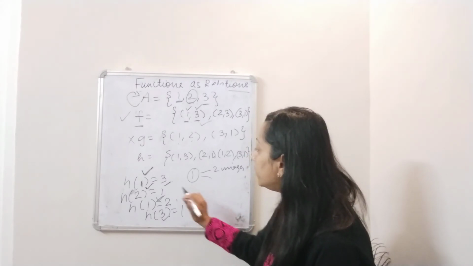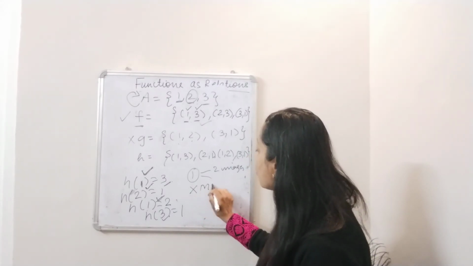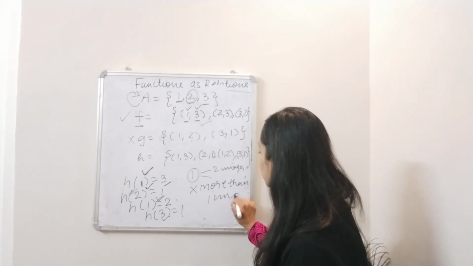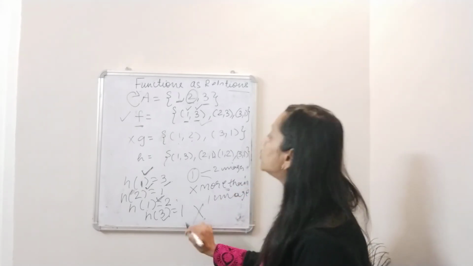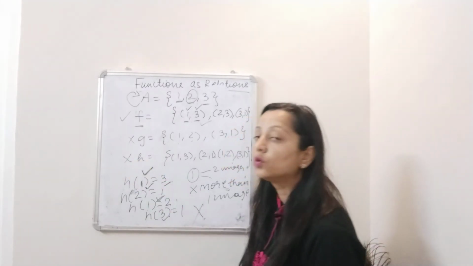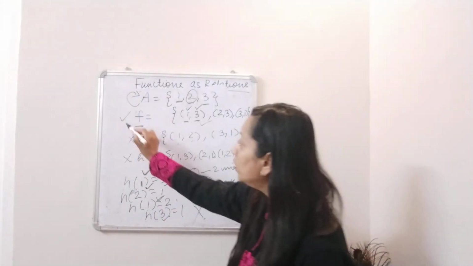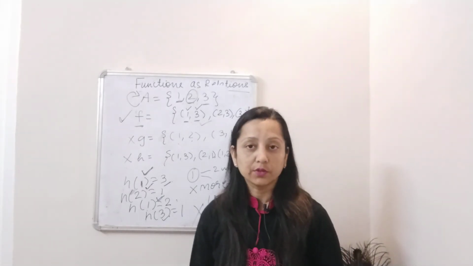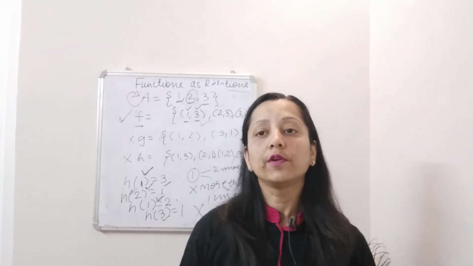Any element of the function can never have more than one image, right? So this is violating this rule. So that means h is also not a function. So the only function here is f. So this is all about functions as relations and the concept of functions.